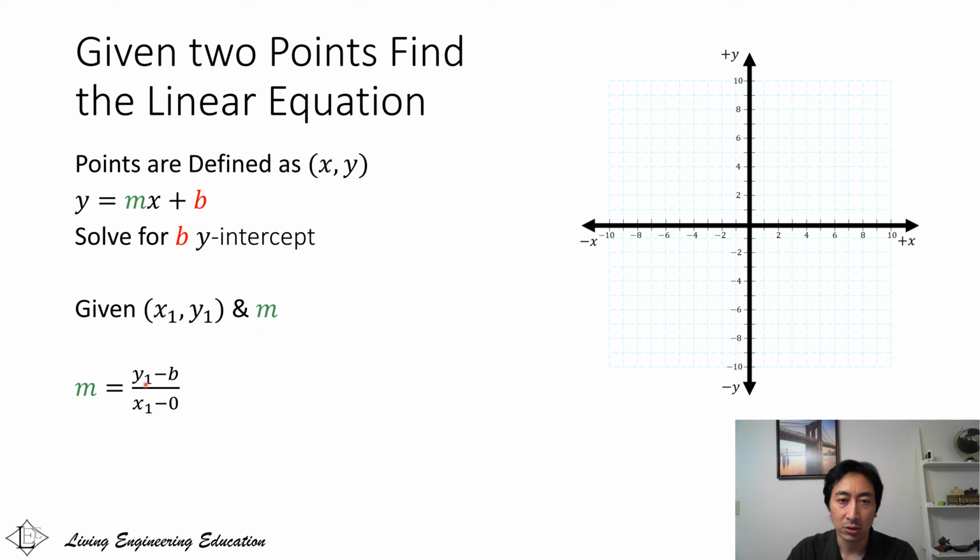So rise over run, delta y, y1 minus b, because b is our y value of my y-intercept, and x1 minus 0 in the denominator, because this is our delta x. x1 is our x value of point 1, and 0 is our x value of our y-intercept. If I rewrite this in terms of b, we get b is equal to y1, so the point's y value, minus mx1, the product of the slope and x1. So we're going to use this equation to solve for each of the next 5 example problems.